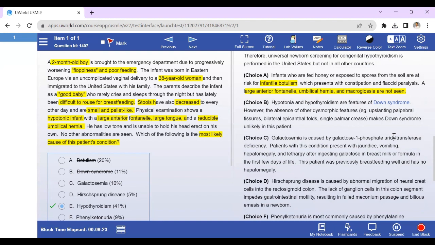Because while solving UWorld, there will be many topics and concepts that will not be there in your videos, that will not be there in your First Aid. So there is no point in banging your head because you did not know the concept, since it was not present anywhere you read. So you just make a list of the questions, with question IDs, like question ID 1407.